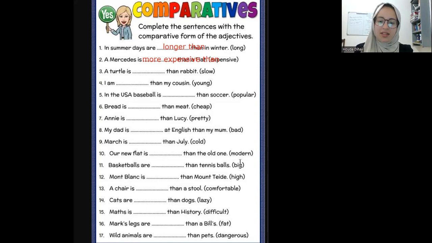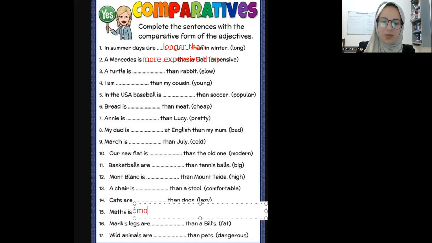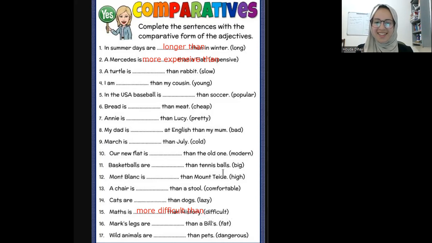We have difficult. We don't say difficulter. We say maths is more difficult than history. I have just done only 3 examples. I will leave this exercise for you and you have to do it yourself. After that, you tell me the answers and I will try to correct them.